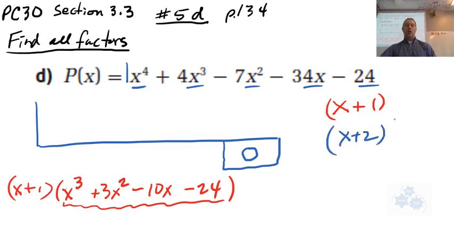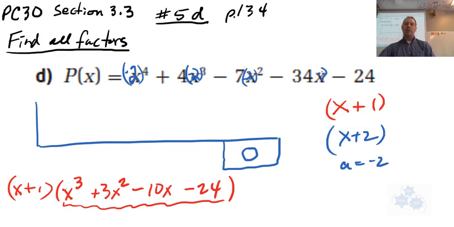Okay? So again, you don't have to show all your work on these in determining, but you should at least try to show some communication that you're testing this one out. So a is negative 2. And so we're going to put negative 2 in for x in all these, right? Okay? So if we do that, negative 2 everywhere, what do we get? Negative 2 to the 4 is what?